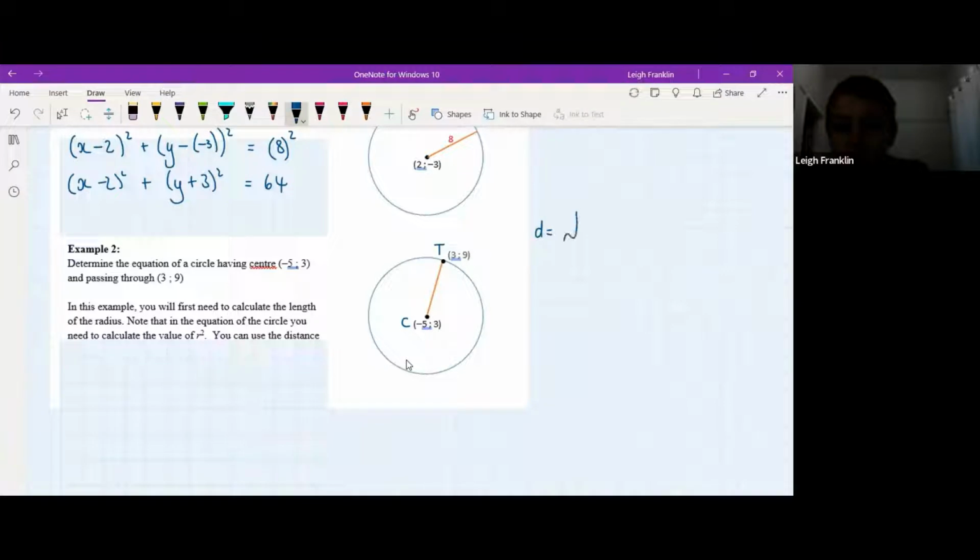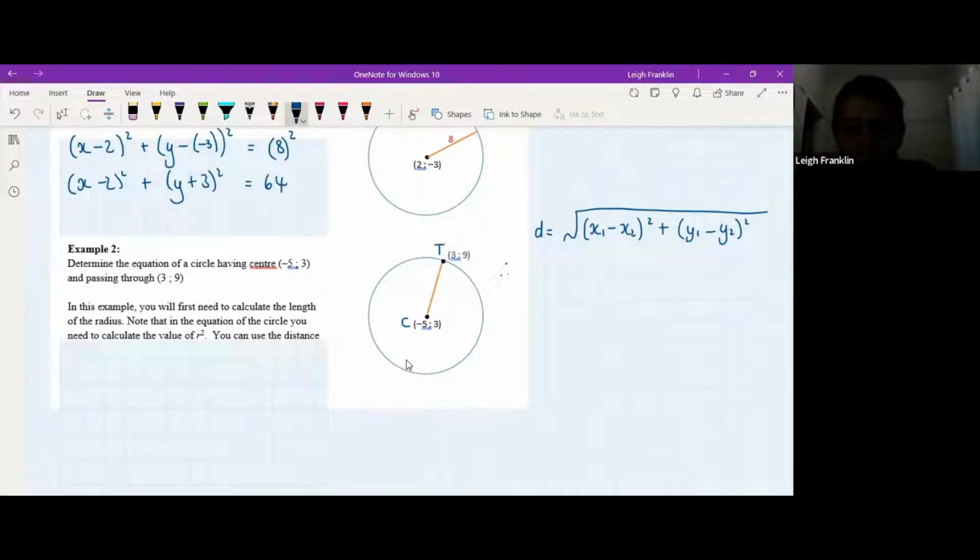The distance formula, if you may or may not recall, is the difference between the x's squared plus the difference between the y's squared, and that will be on your formula sheet. You should be fairly familiar with it by now.